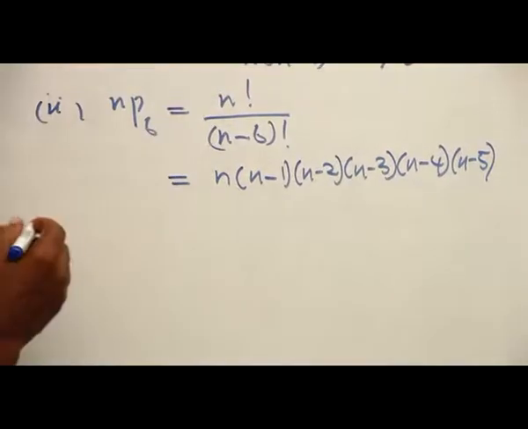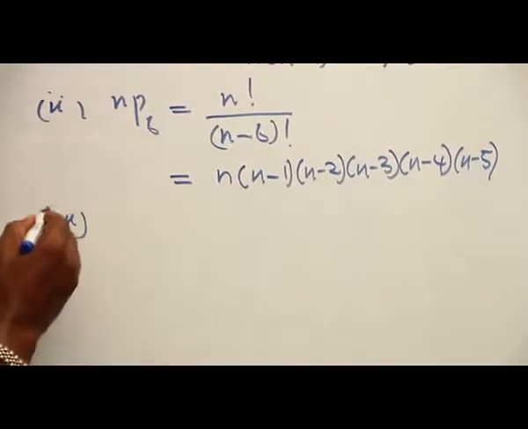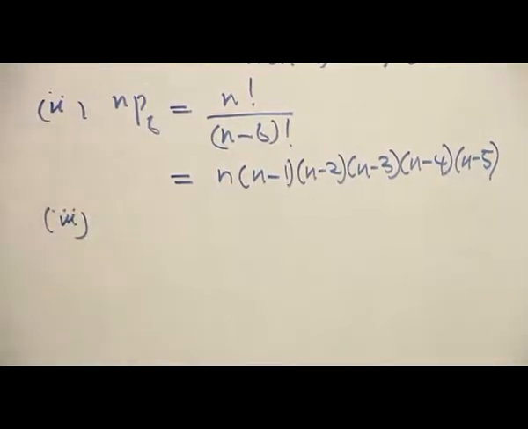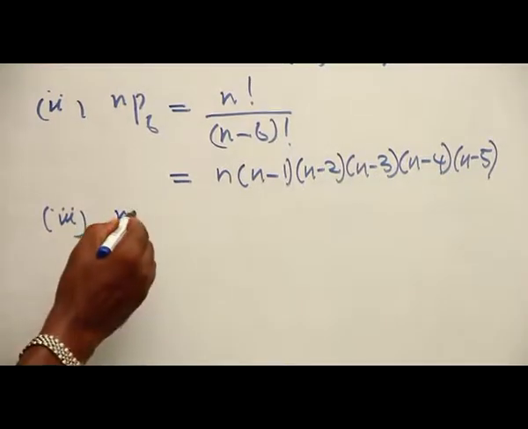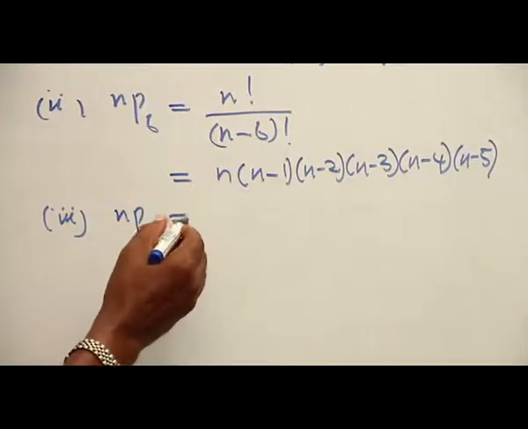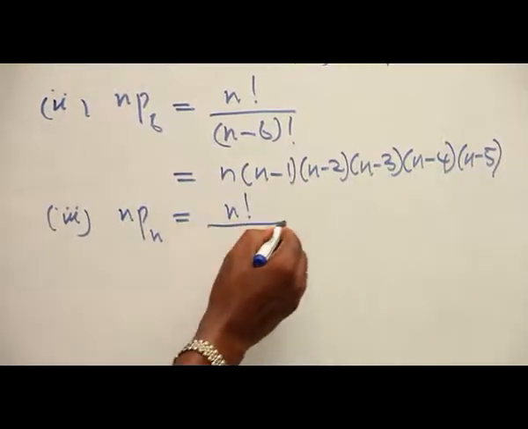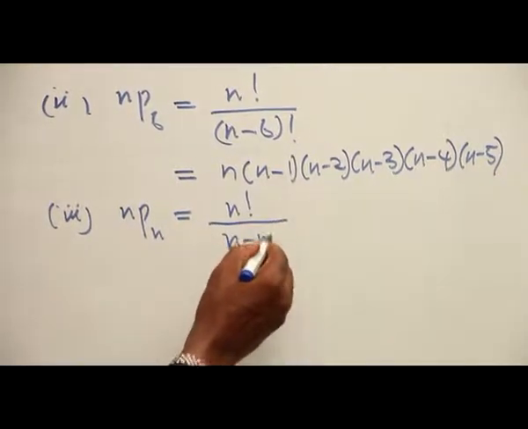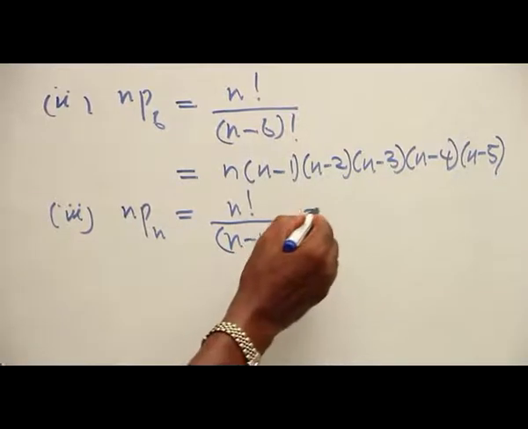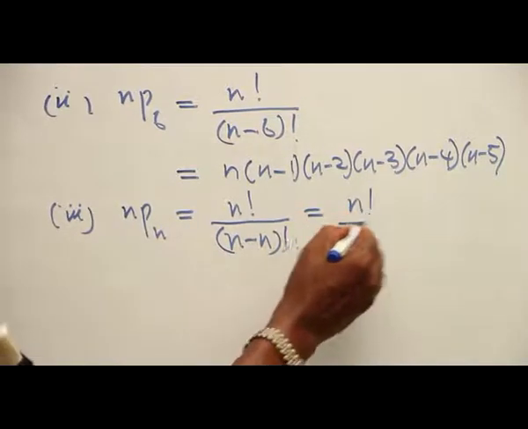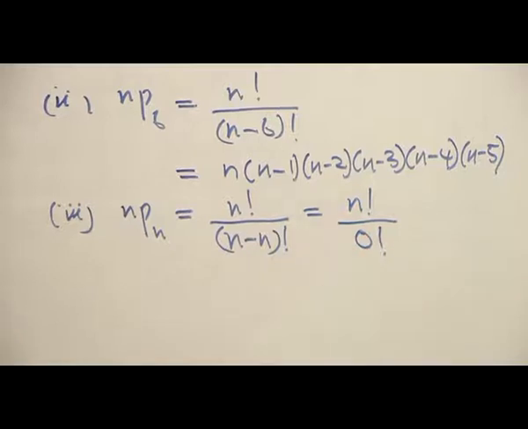Okay. And then we also have the third case where you now have n permutation n. This will give you the value as n factorial over n minus n factorial, and this will lead you to n factorial over 0 factorial.